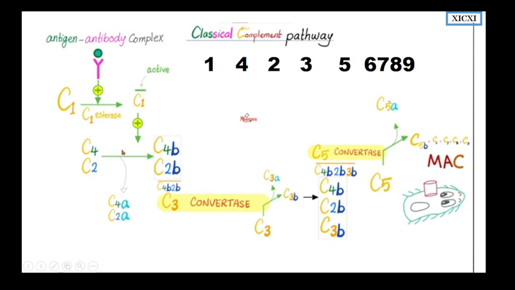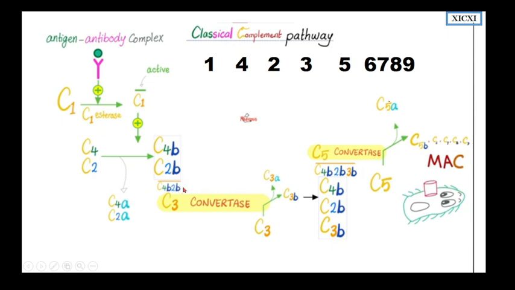This complement 4 will give, in its activated form, C4b and C4a. C4a will be eliminated from the cascade. Now C2 also is going to be activated by this activated 4b, which is going to form the activated form of C2, C2b.